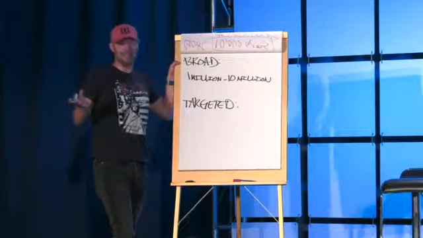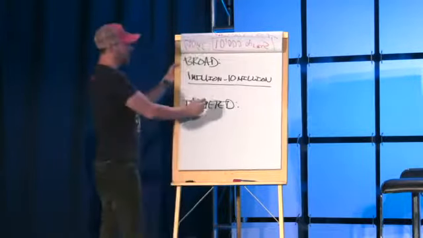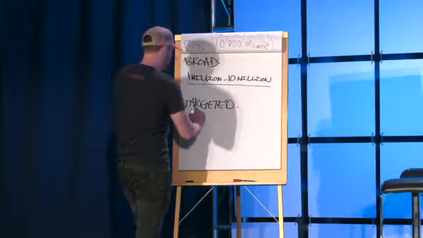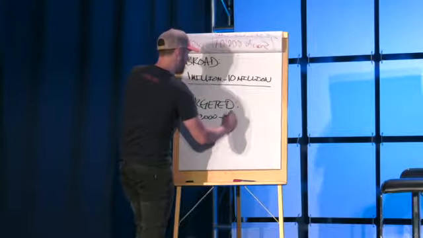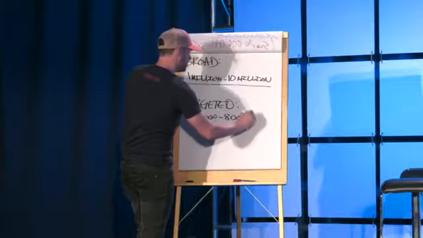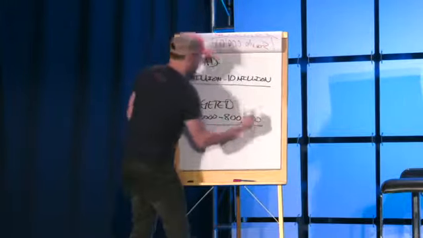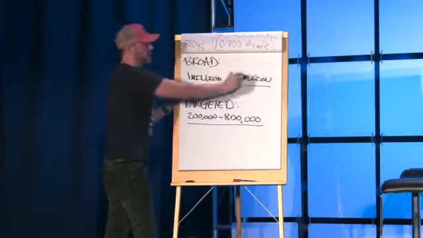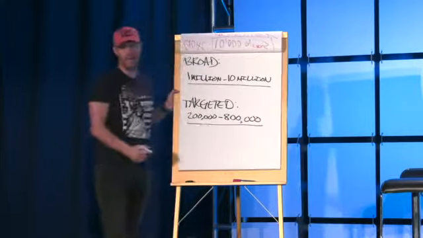In the millions is my broad audience. When I go targeted, I'm going 200,000 to 800,000 people. Broad, 1 million to 10 million reach. Targeted, 200,000 to 800,000 reach.